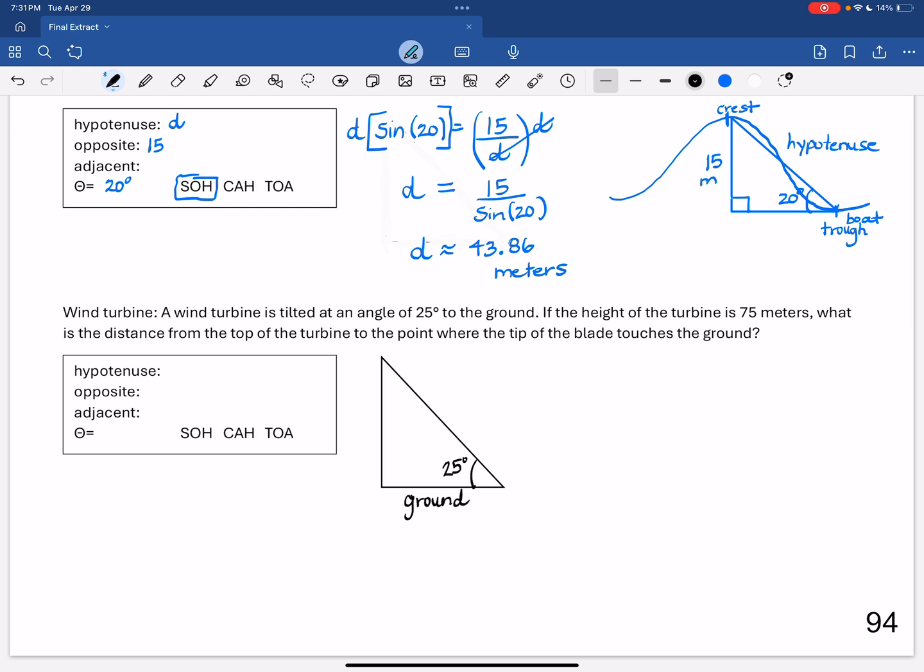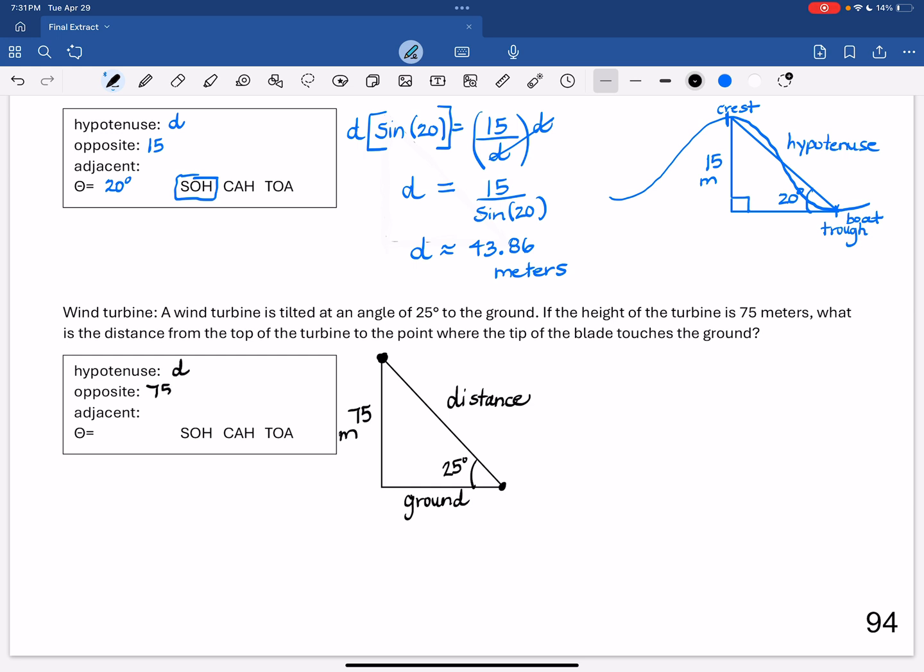If the height of the turbine is 75 meters, what is the distance from the top of the turbine to the point where the tip of the blade touches the ground? So we want to know this distance. So we want to know hypotenuse.